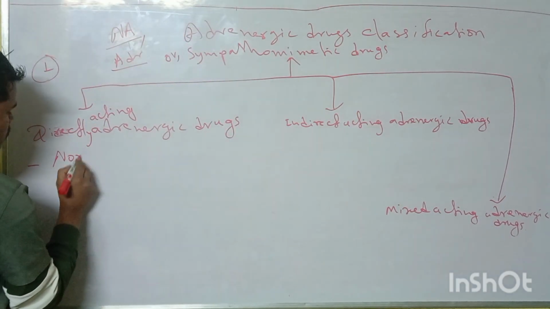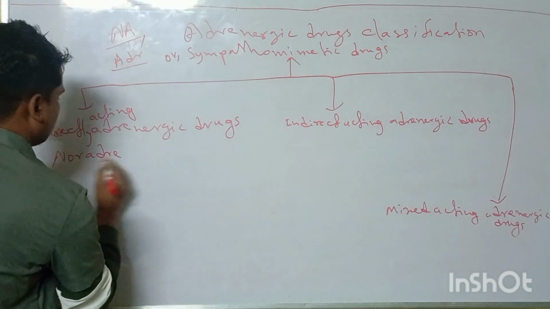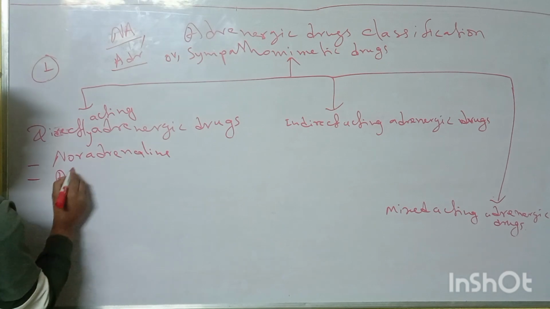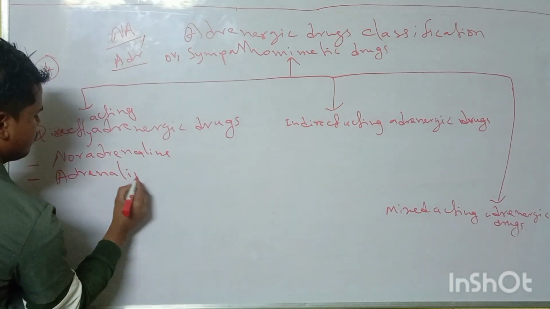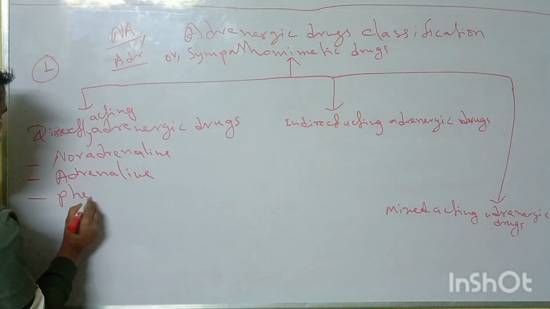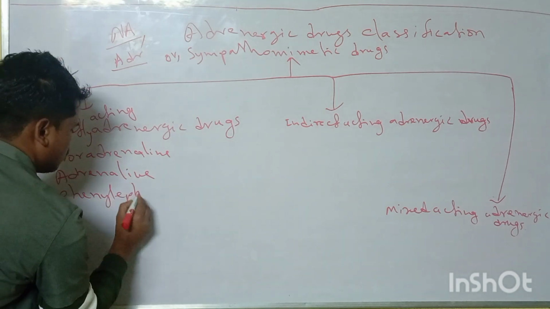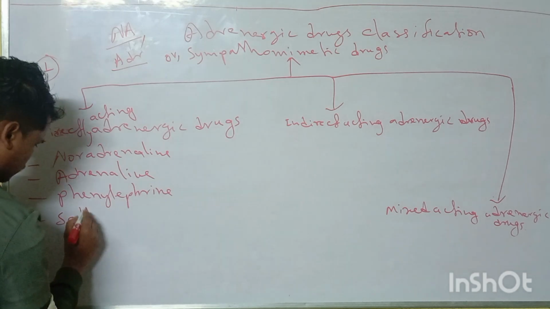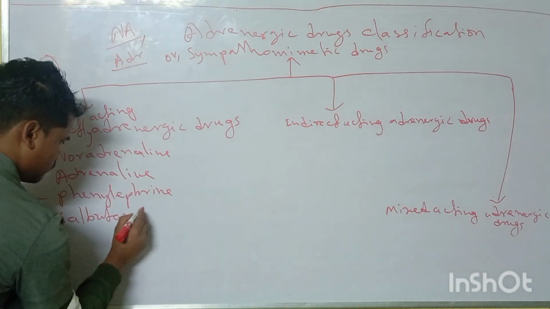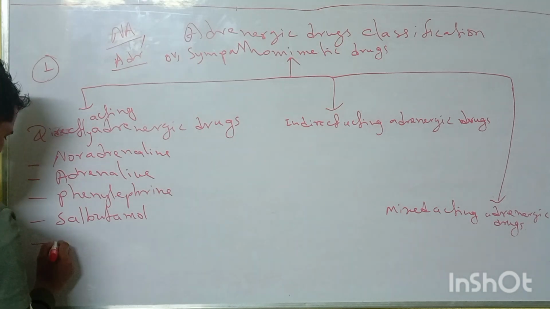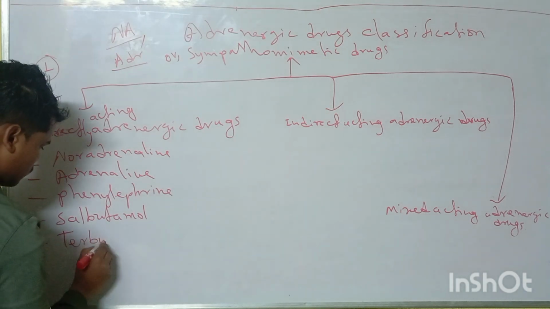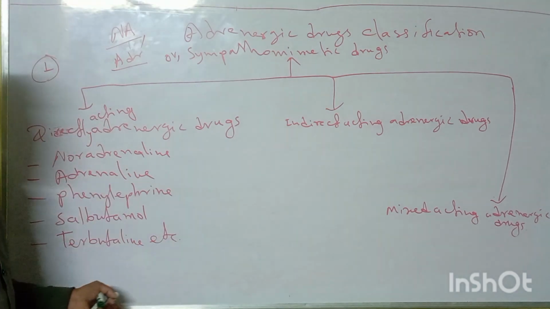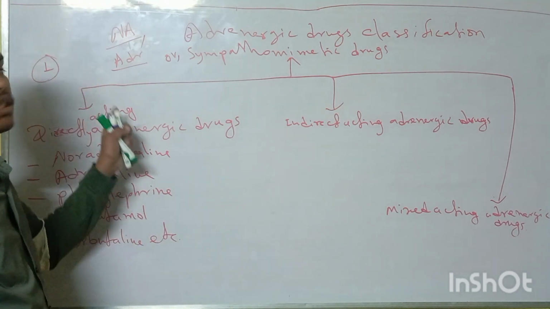Examples are noradrenaline, adrenaline, phenylephrine, salbutamol, terbutaline, etc. There are many other examples that directly act on the adrenergic receptors.